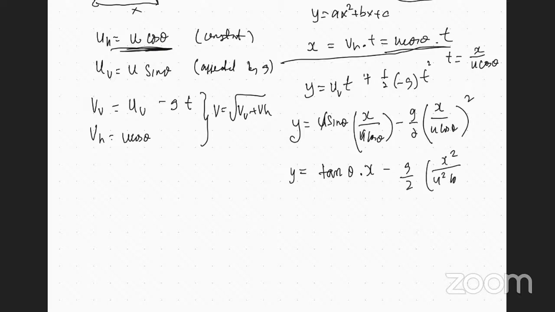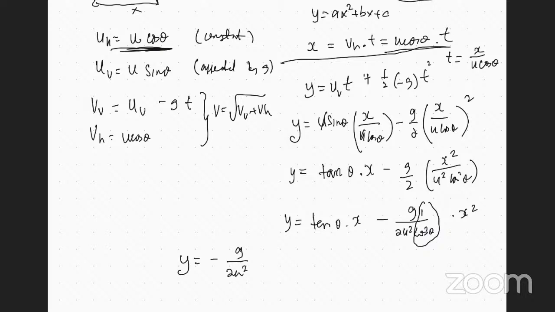So y is equal to x tan theta minus g over 2u squared cos squared theta by x squared, right? This here, 1 on cos squared is sec squared. So sometimes you will see the projectile equation, let's call it that, looks like this. Minus g over 2u squared sec squared theta x squared.